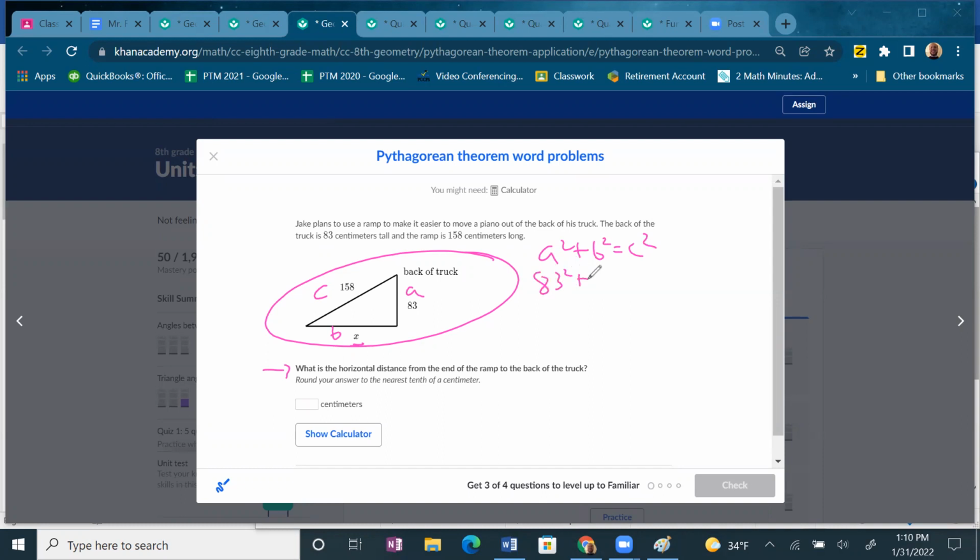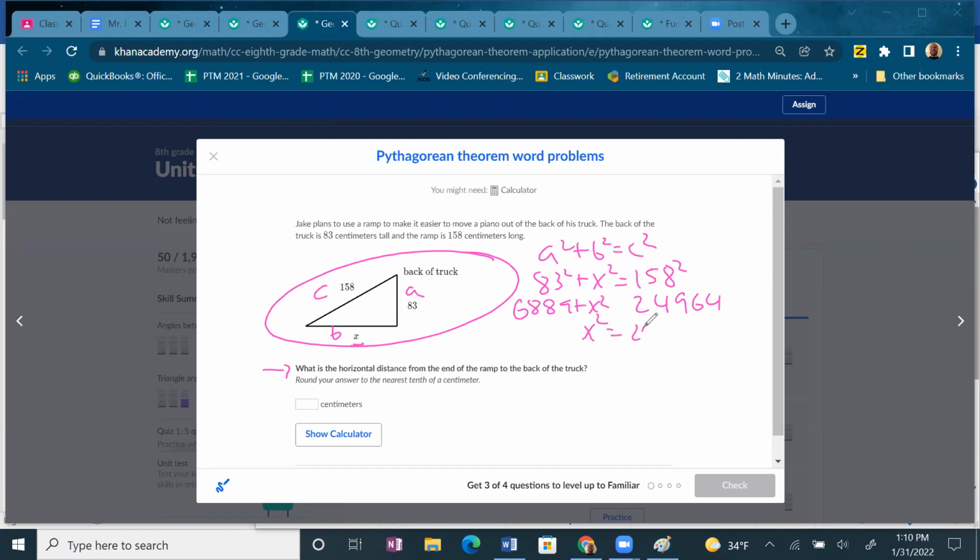And don't worry, you can use a calculator in this unit. 158 squared is 24,964. And 83 squared is 6,889.